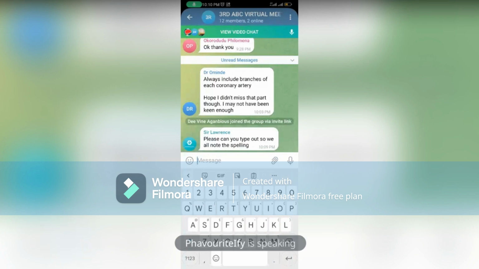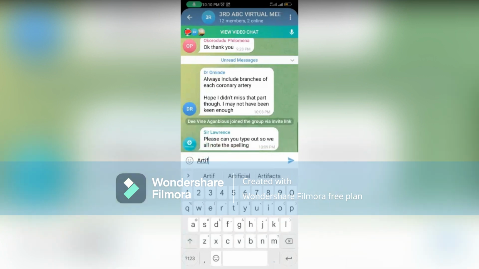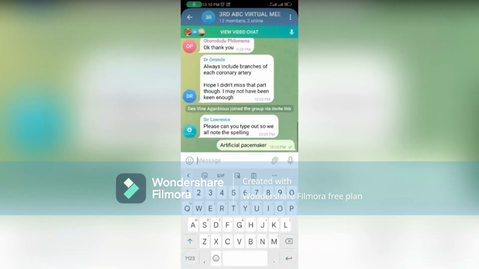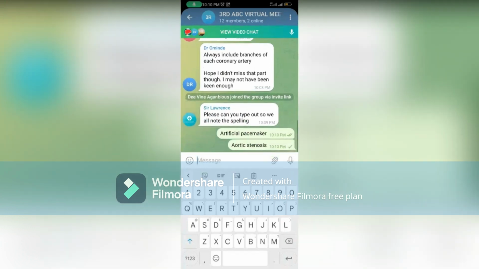The clinical relevance, I said: artificial pacemaker, and aortic stenosis, that is narrowing of the aortic valve. The main causes are age-related calcification and congenital defects.